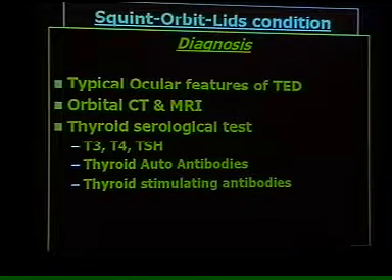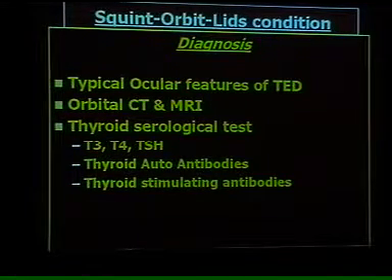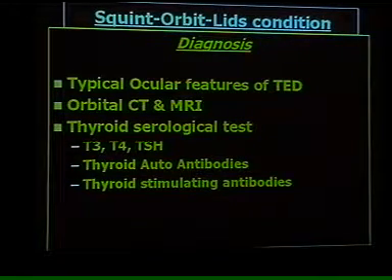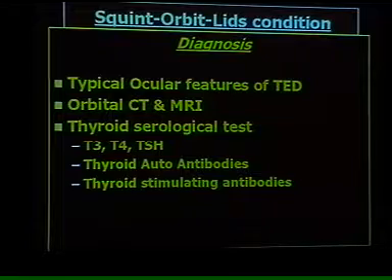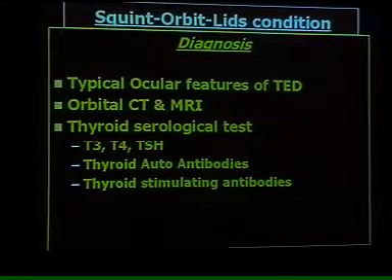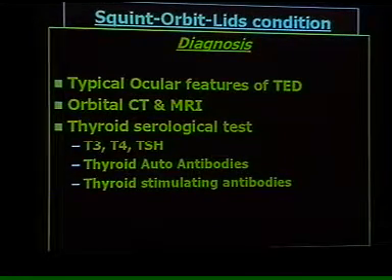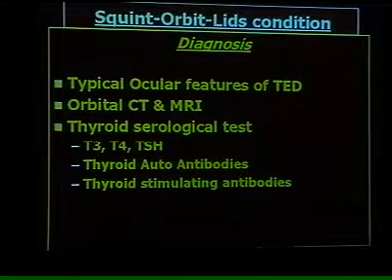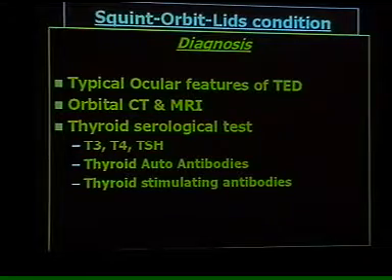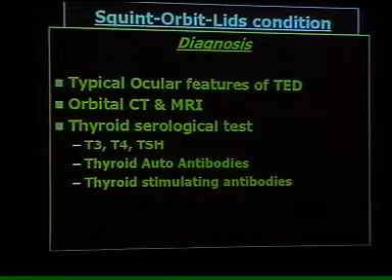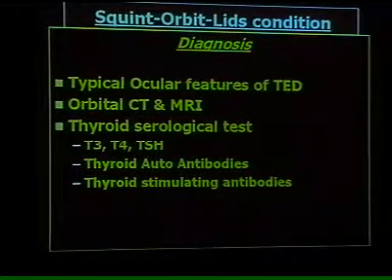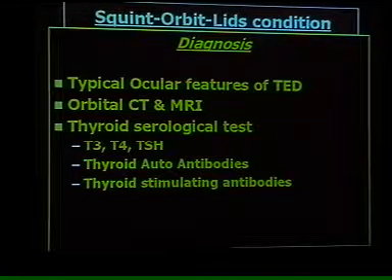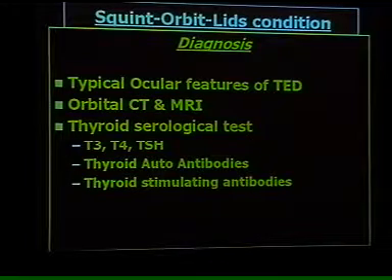The diagnosis is typical, as I have already mentioned. Orbital special slices for CT and MRI. Thyroid serological tests would be helpful, but not necessarily; T3, T4 or TSH may be high. In making a diagnosis, at times it's difficult. The obvious signs are not there, but then we ask for special slices of the orbit with the CT. That may be helpful, and it might show some swelling of the muscle.